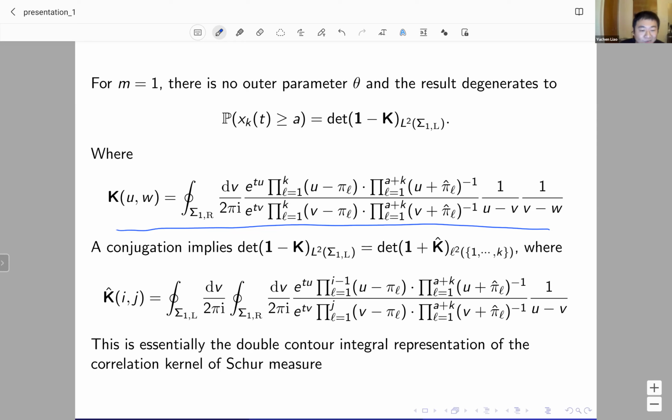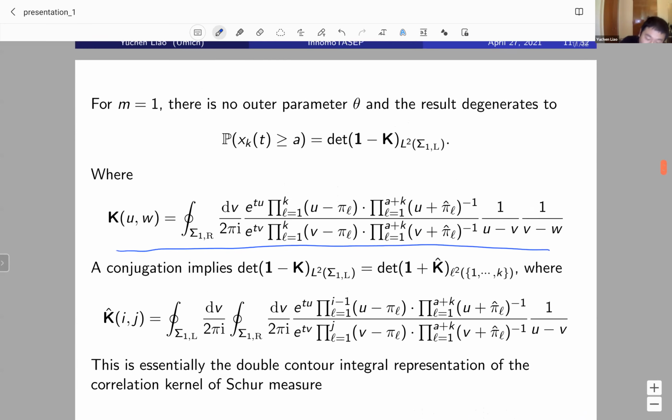You can write it as a kernel acting on, say, a finite K by K matrix, with this double contour integral kernel. That's essentially the double contour integral for the correlation kernel of the Schur measure. So really, although our kernel does not look familiar, it's actually a conjugation of something that's very commonly seen in the literature.